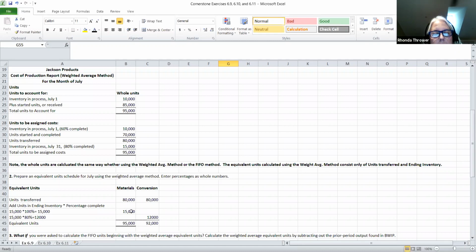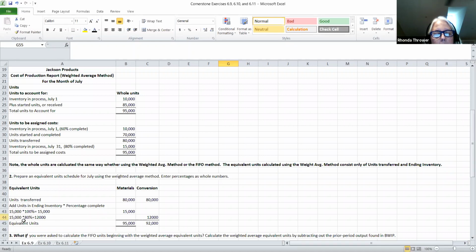So our materials equivalent units is calculated by taking the 15,000 whole units in ending inventory multiplied by 100% because all the materials were added at the beginning of the process. So all 15,000 units got all materials.